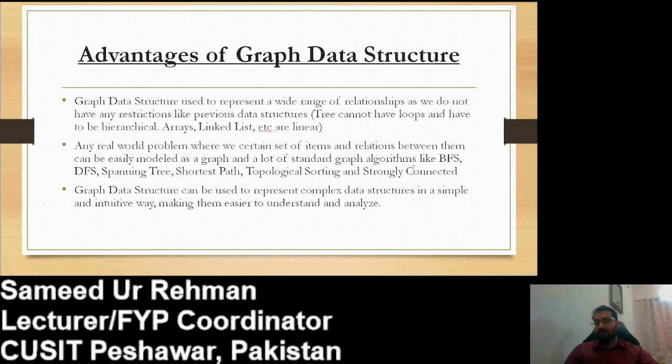There are also standard graph algorithms: breadth first search, depth first search, spanning tree, shortest path, topological sorting, and strongly connected components. A graph data structure can be used to represent complex data in a simple and intuitive way, making it easier to understand and analyze.